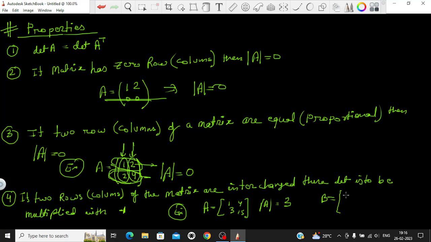I make the second row the first row, and this first row I interchange with the second row. So I've just interchanged the rows. Then I got a different matrix, that is the B matrix, and if you calculate the determinant, it will be the same as the determinant of A, but you have to multiply by -1, so that is -3. So this is the property.